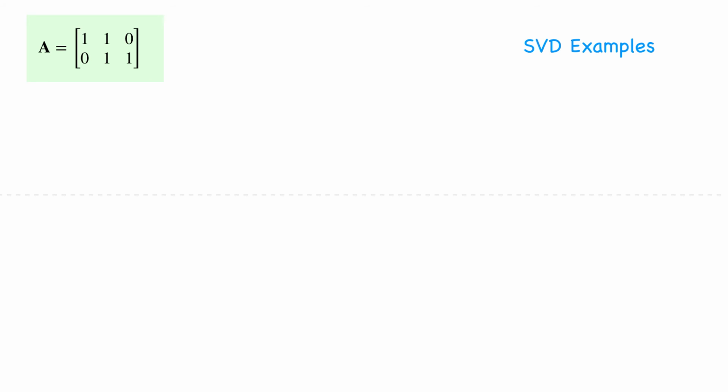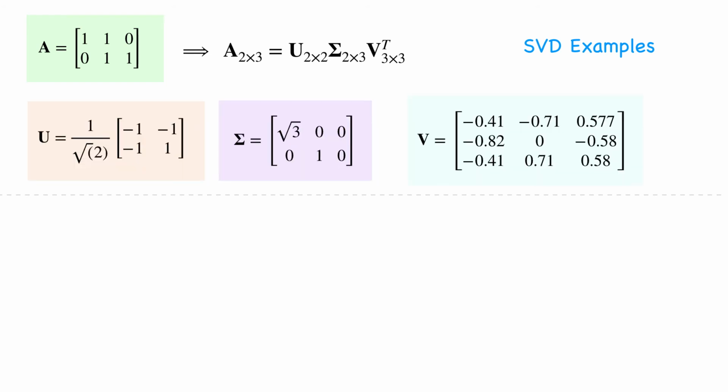So consider a fat matrix A. Its dimensions can be represented as follows. It's a 2 cross 3 matrix, and U is of dimension 2 cross 2, sigma is 2 cross 3 and V is 3 cross 3. U is computed from the eigenvectors of A A transpose, and V is also computed from eigenvectors.